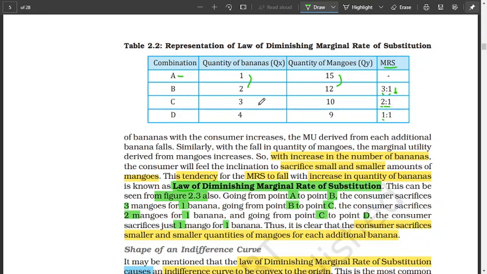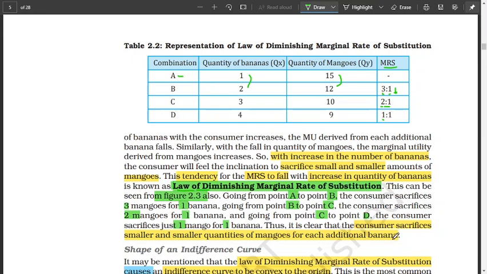From C to D, you have to sacrifice one more mango to get more banana. That is what we mean by the law of diminishing marginal rate of substitution. That MRS, that substitution of one over the other, keeps on declining. It becomes a law. Okay, so consumers sacrifice smaller and smaller quantities of mangoes for each additional banana.